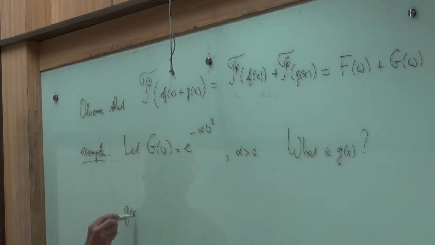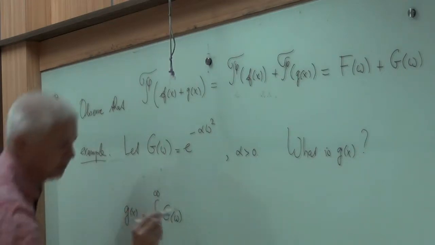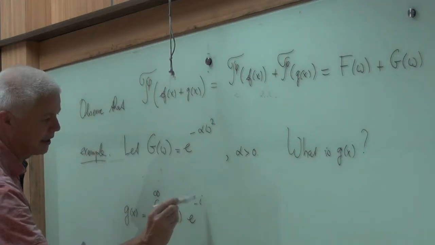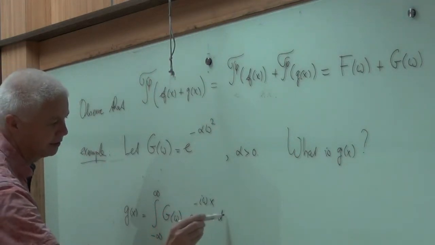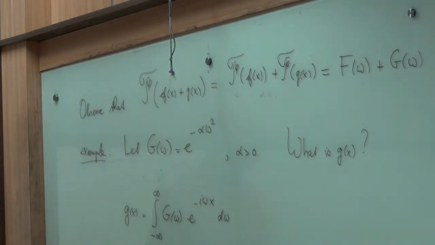Okay, what do we know? According to the definition, g of x is equal to the integral from minus infinity to plus infinity, G omega e to the power minus i omega x d omega. So I have to compute this integral.